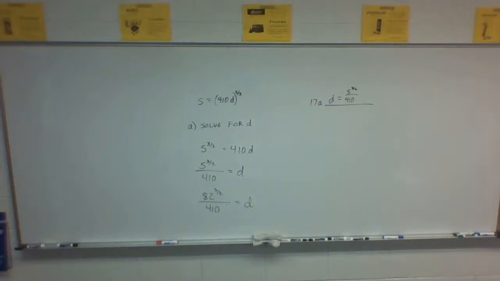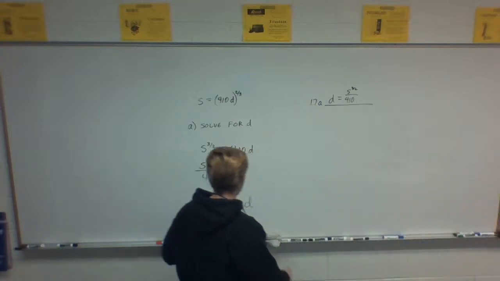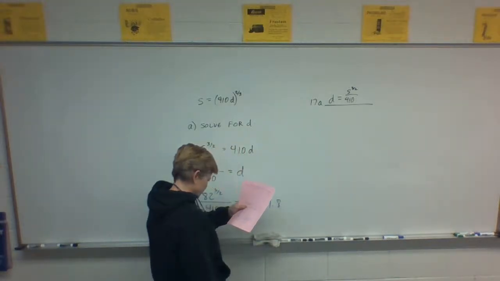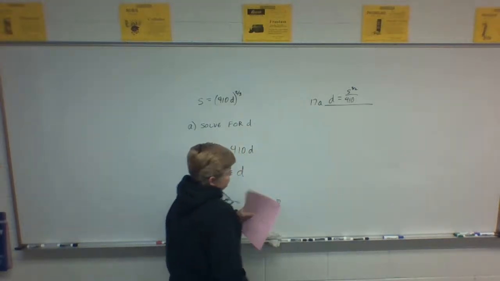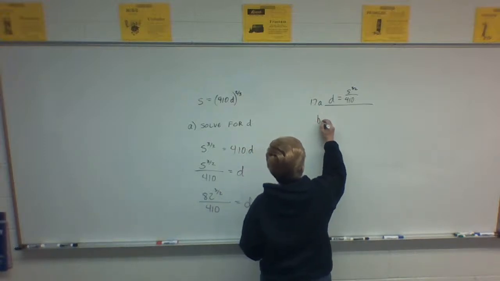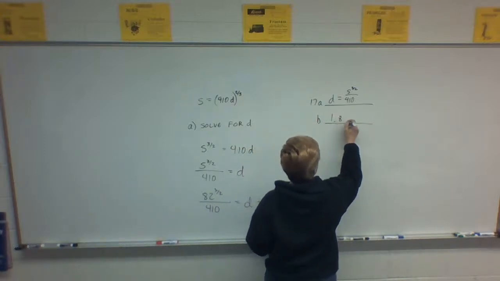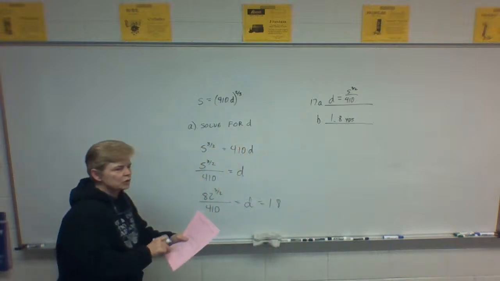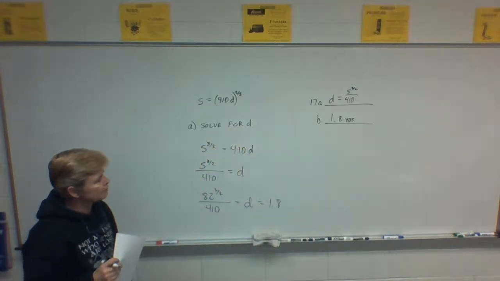And it's probably, I don't know, I'm making this whole thing up. We'll pretend this is in yards. It's about 2 yards deep, 1.8, is that what you got? Yeah. Equals approximately 1.8, and it doesn't say what you have to round to. So the B part, I would just write 1.8, whatever, we'll say yards. Like I said, I'm just making this up. The units will be on here. You should put the correct units on.